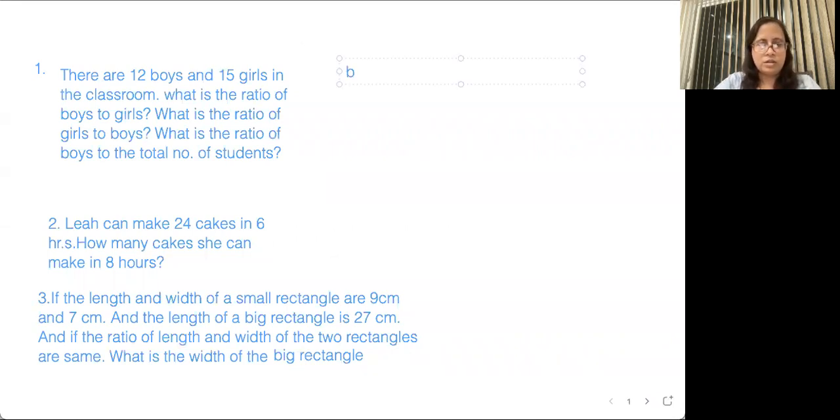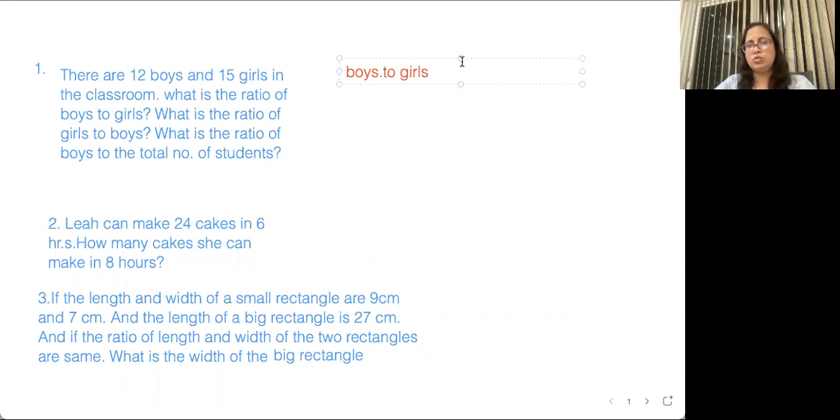So let's write boys and let's write girls. Okay, so first we need to write what is the relationship of amounts of boys to girls.